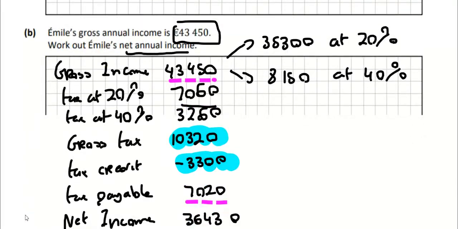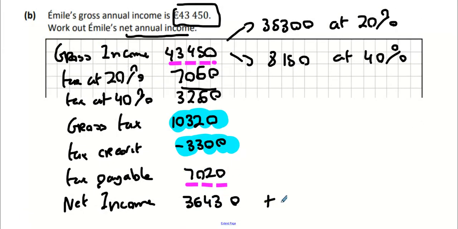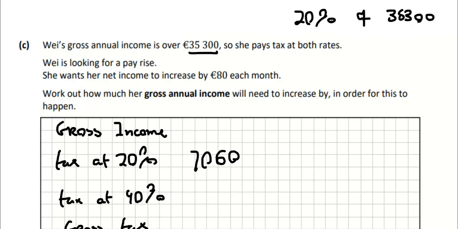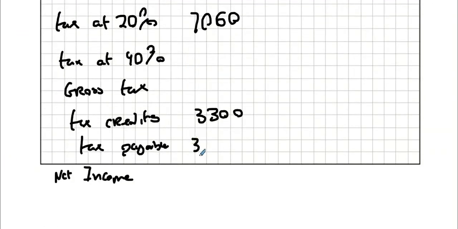So I'll go for 36,510. Okay, so I'll call this 36,510. Oh, sorry, that's the net income.